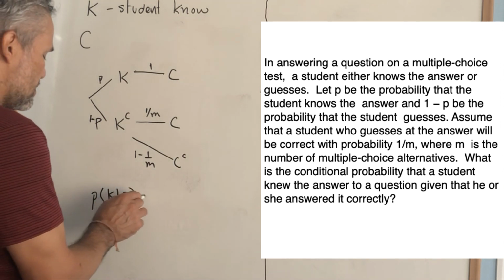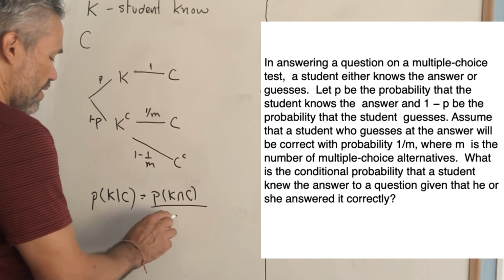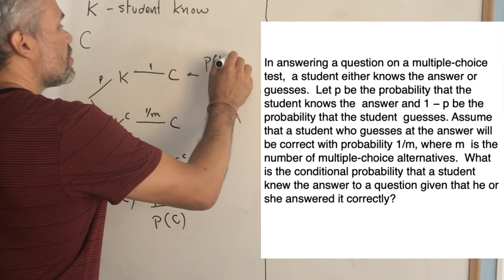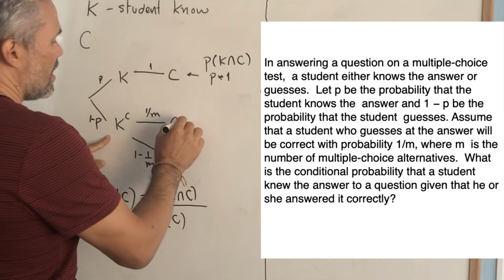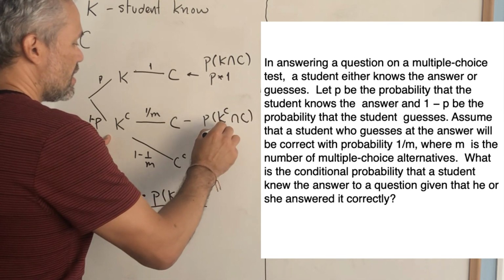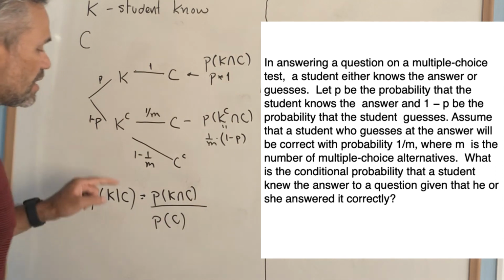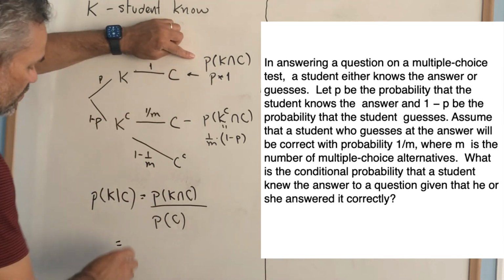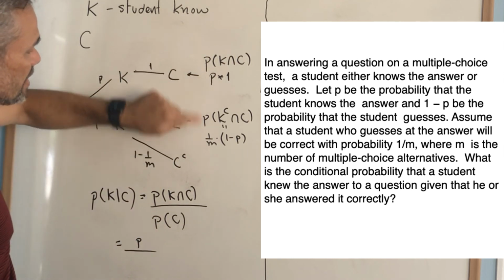Then this is just the probability of K intersection with C over the probability of C. But here we know that the probability of K intersection with C is just P times 1, and the probability of K complement intersection with C is 1 over m times 1 minus P. Therefore, the answer is going to be the probability of the intersection, which is just P, over the probability of C, which is the sum of these two.